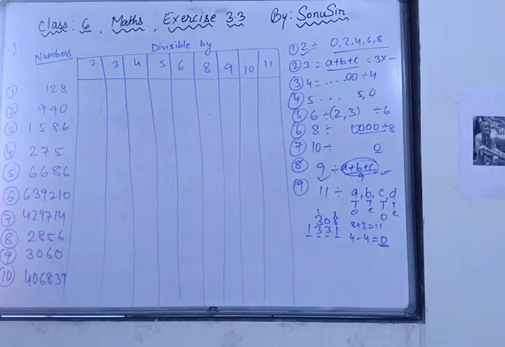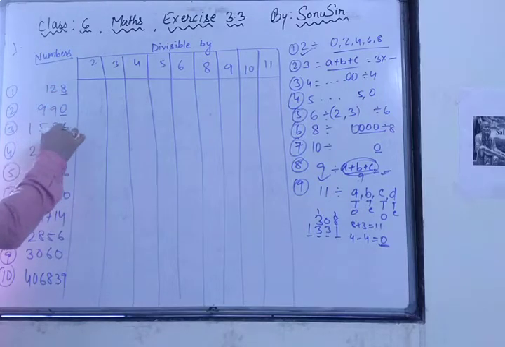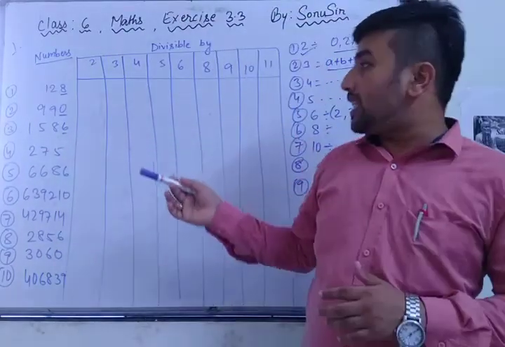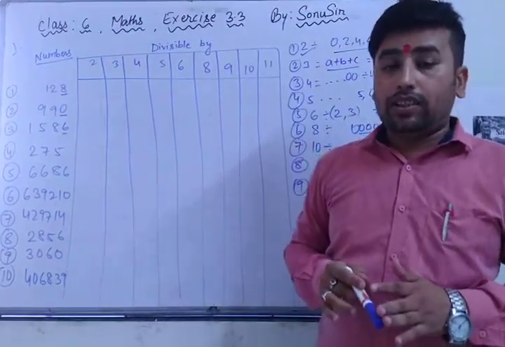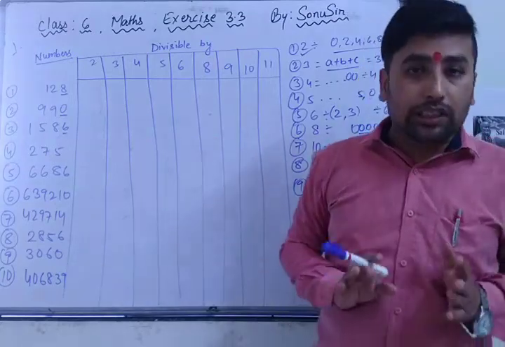So here there are 10 numbers. Out of these 10 numbers, you have to find which numbers are divisible by 2. First of all, see, a number is divisible by 2 if on the ones place there is 0, 2, 4, 6, 8 or any even digit.